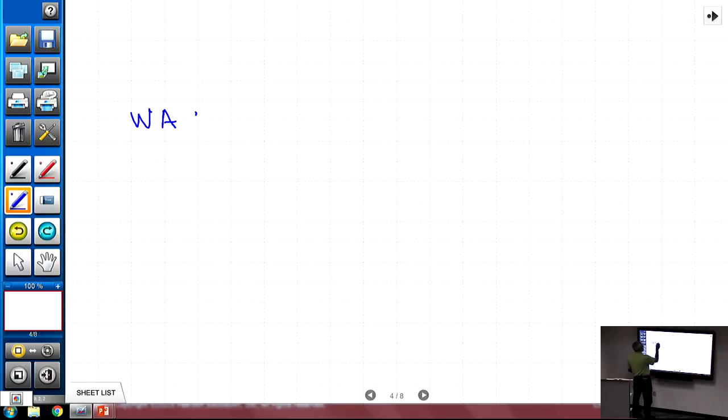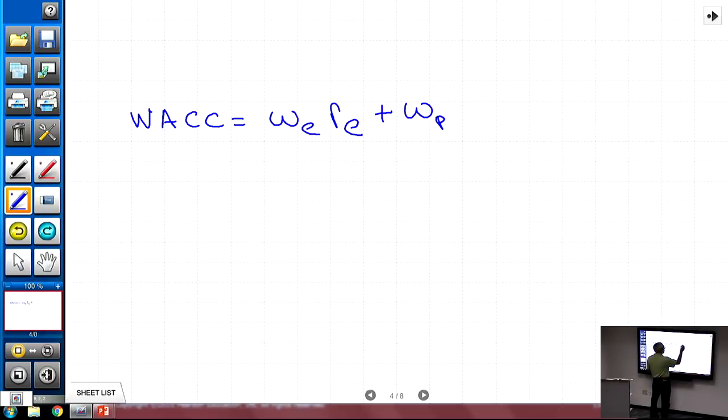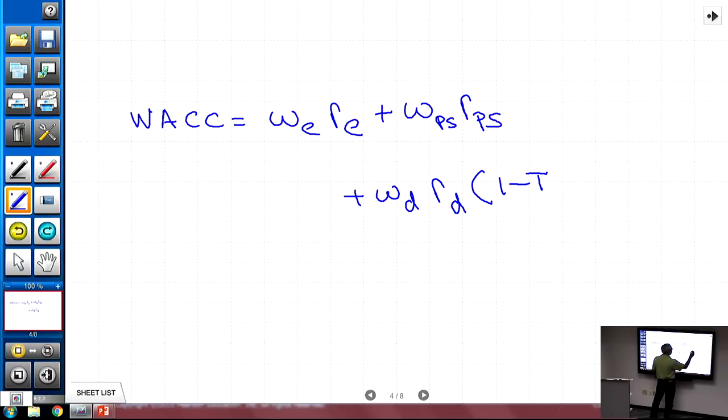So weighted average cost of capital will be the weight of equity times the cost of equity. This is for common stock. If I have preferred stock, then plus the weight of preferred stock times the cost of preferred stock, and then plus the weight of debt times the cost of debt multiplied by 1 minus the marginal tax rate.